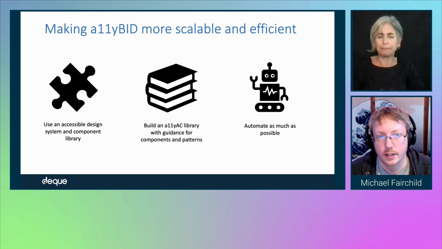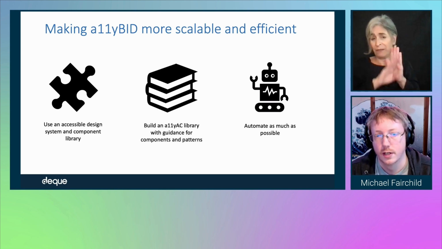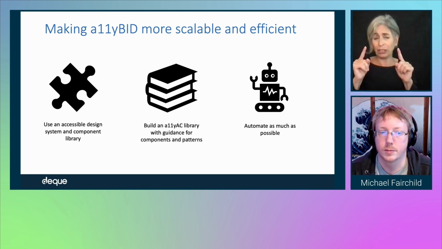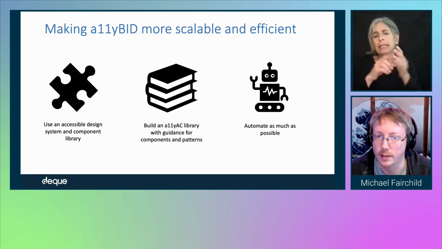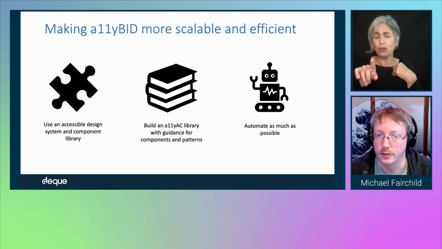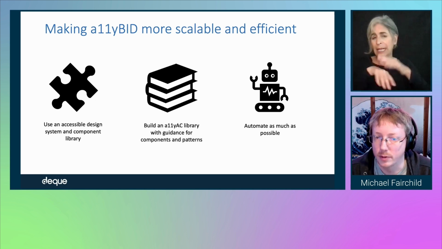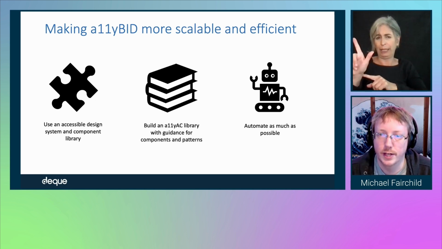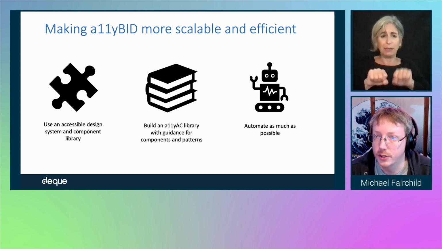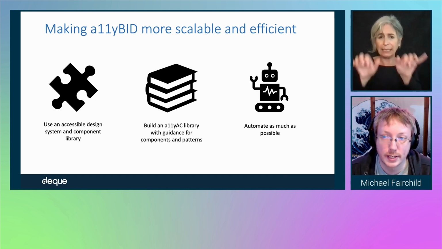So how do we make accessibility behavior informed development more scalable and efficient? I'd say lean on an accessible design system and component library. If you have that, then you can build something that I call an accessibility AC library. An accessibility AC library could either be integrated into your component library, your design system, or just be a standalone site.